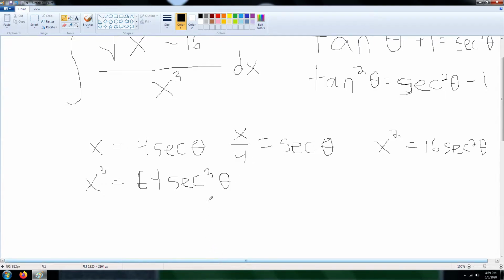Just showing you what can happen here. Alright, so you got 64 secant cubed theta.